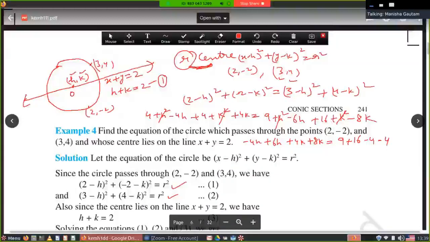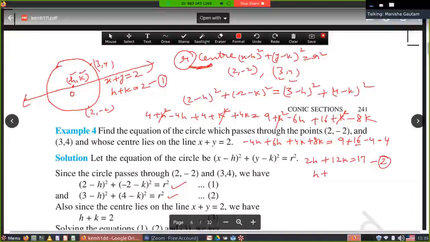You are getting minus 4h plus 6h, which becomes 2h plus 12k is equal to 16 minus 8, that is 8, 8 plus 9, 17. So the second equation is this one.